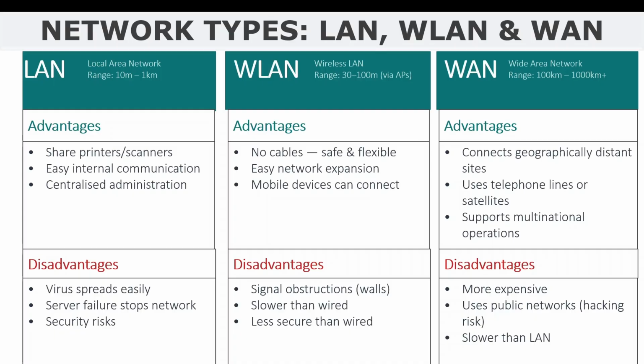Some disadvantages of the wireless one are that when signals are obstructed, the strength of the signal reduces, and so that affects the way you communicate on the network. It is slower than wired, of course.